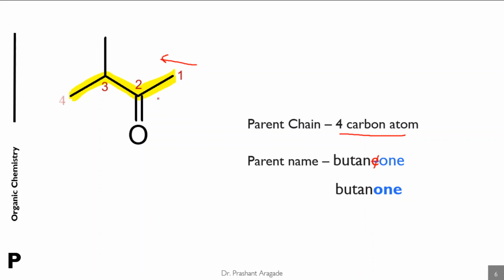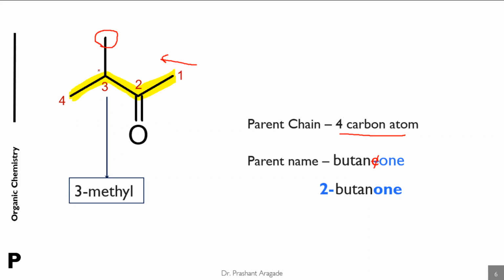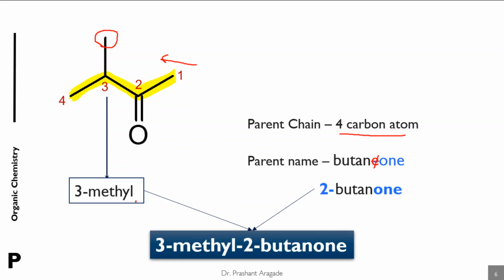Then prefix the position number onto the parent name, that is 2-butanone. Then try to find out the substituent. The substituent is a methyl group, present at the third position. So just mention the position number, 3-methyl, and the name of this compound is 3-methyl 2-butanone.